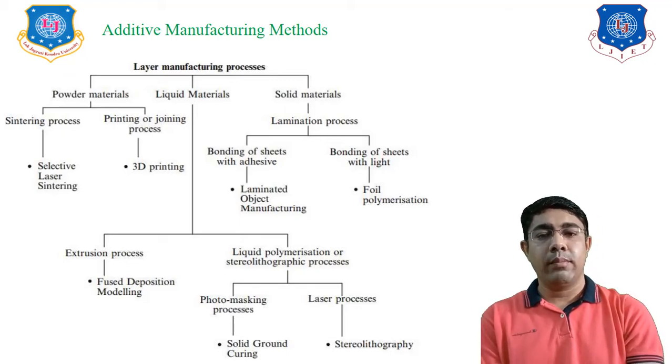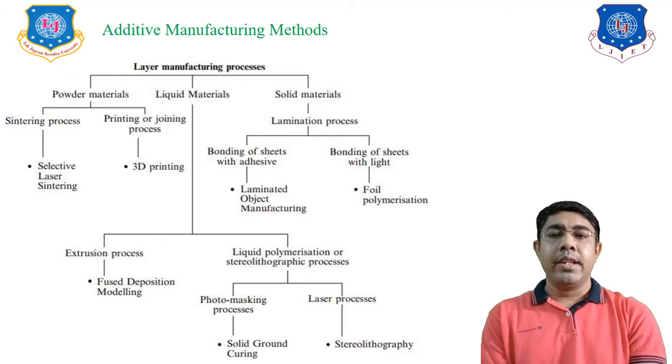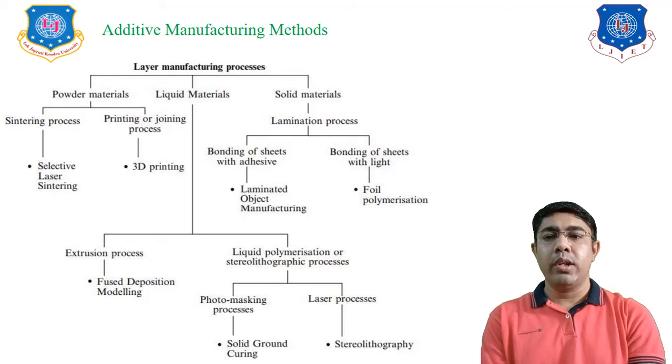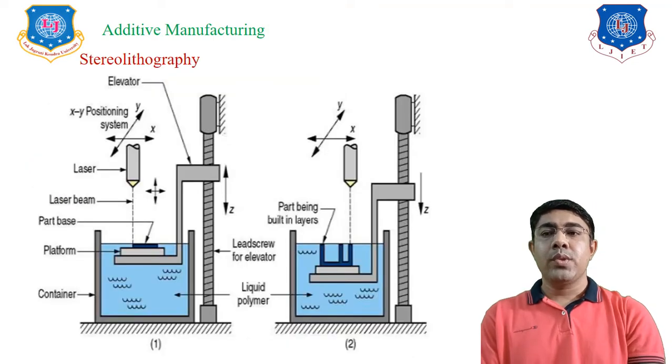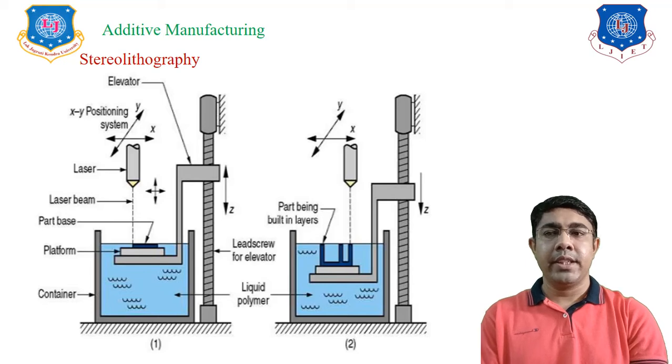Bonding of sheets with adhesive is laminated object manufacturing, and bonding of sheets with light is foil polymerization. In this lecture we first learn stereolithography, then fused deposition modeling, and then selective laser sintering. So let's start with the first additive manufacturing system, stereolithography.